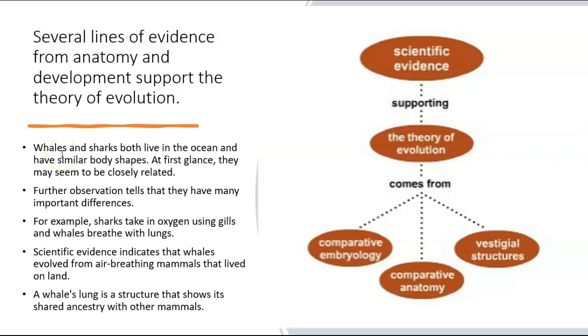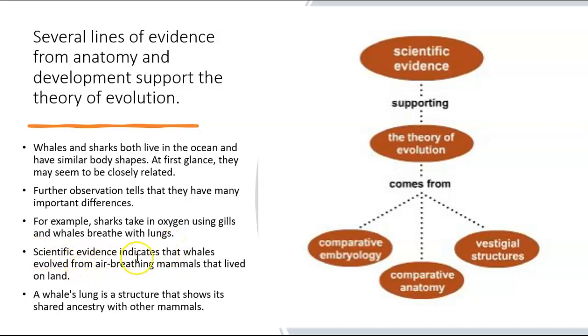Okay, at first glance, you might think that whales and sharks look kind of similar, they have the same habitat, they might be closely related. But if we conduct further observations, we are going to find some very important differences, one of which is that sharks have gills for breathing, while whales have lungs. Sharks can breathe the oxygen in the water, where whales need to extract oxygen from air.